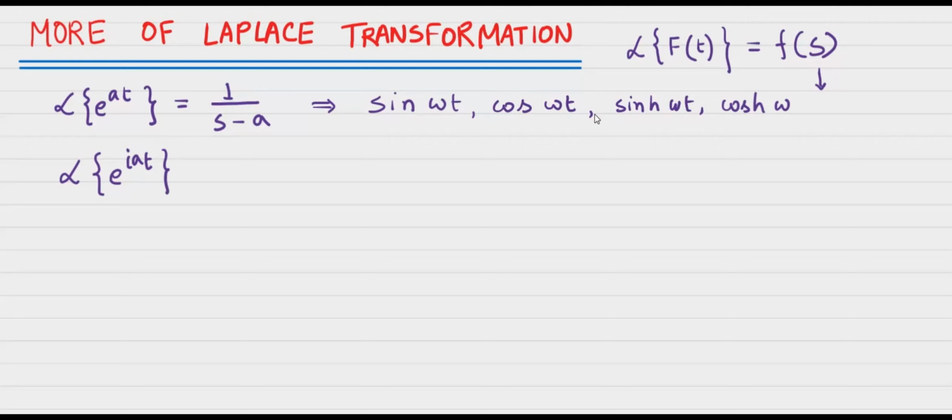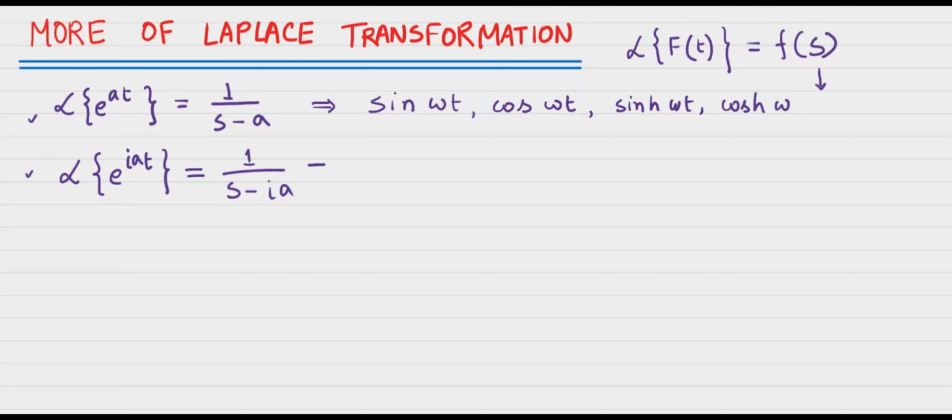Now, unlike the previous case, instead of real a, we have this imaginary i times a, where a is of course still a real number. If we extend this result to this case, then we can straightforwardly write it as 1 over s minus ia.